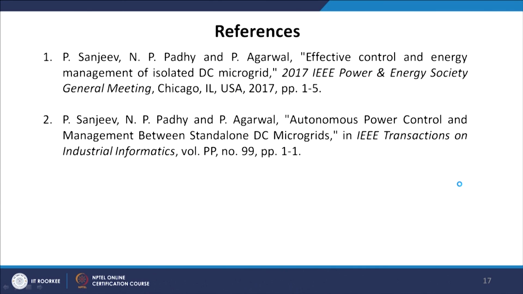This is an extremely challenging task, and if it can be achieved, then the system reliability will certainly go up, because you need not bring in your diesel generator unwantedly if there is excess power available to you from the nearest DC microgrid. And all the presentation is mainly out of these two IEEE transactions as well as one general meeting article.